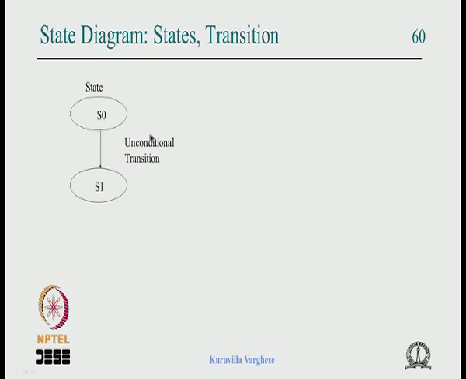This is called an unconditional transition. That means the controller's present state was some state, maybe S0. If we have 3 flip flops, it means maybe 0 0 0, 3 zeros. Unconditional transition means when the clock comes the state goes to the next state, like it transits from 0 0 0 to 0 0 1.